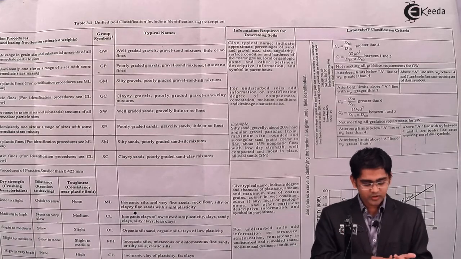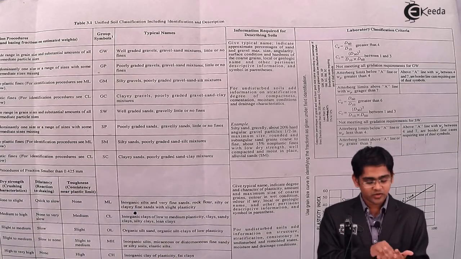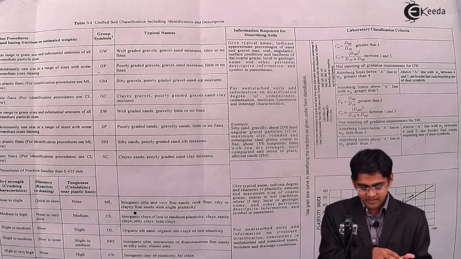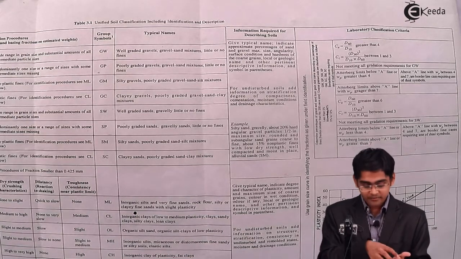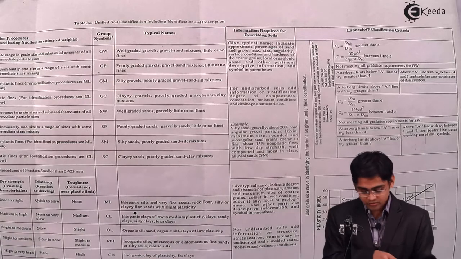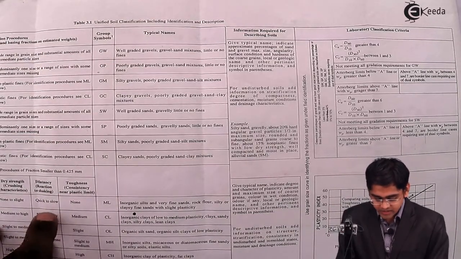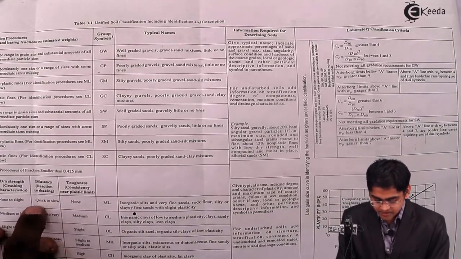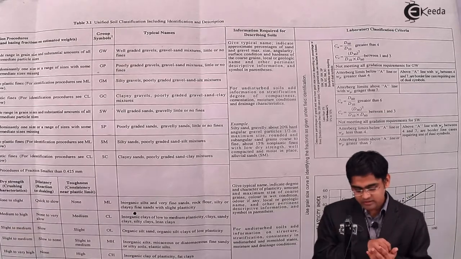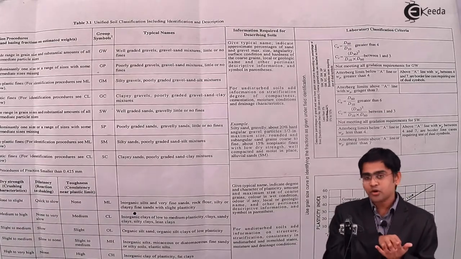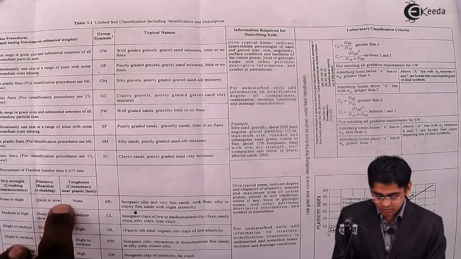If you squeeze it, water moves out of its volume, and quickly it is again absorbing that water which moved out. That reaction we name as quick. If the water is slowly absorbed by the soil, then we call it slow.